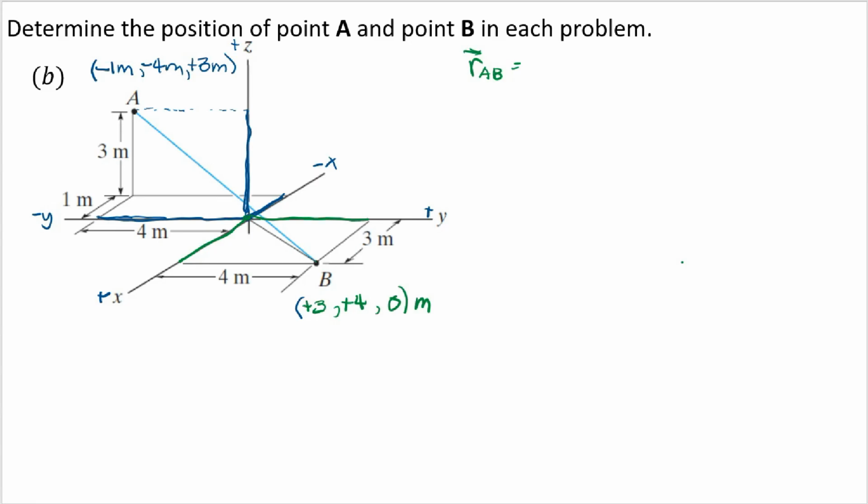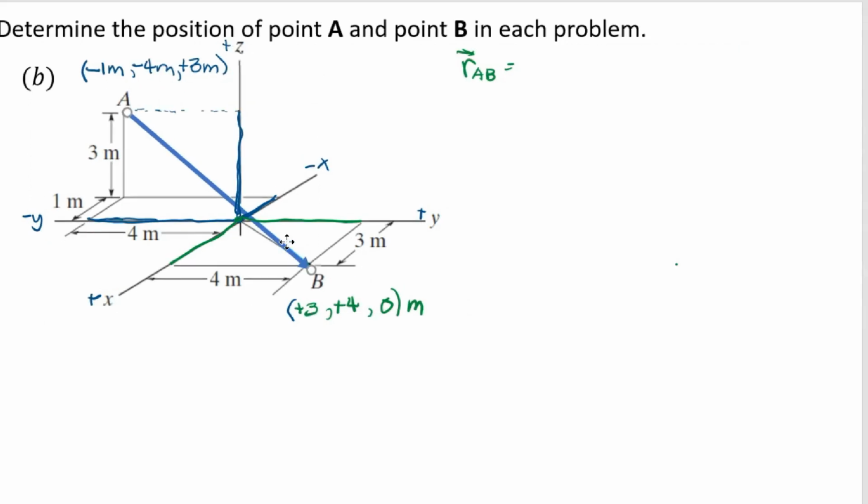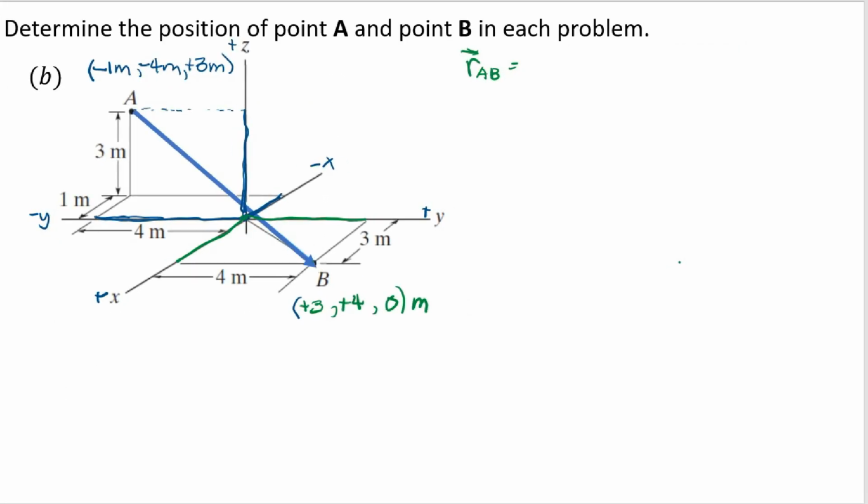Now for that, again, we will imagine that we have a position vector here, which starts from point A and ends at point B. So that will be our force. That will be x first, so that is 3 minus negative 1, so that is 4 i hat. Then for Ry, that is 4 minus negative 4, so that is positive 8 j hat. Then 0 minus positive 3, so that is negative 3 k hat.